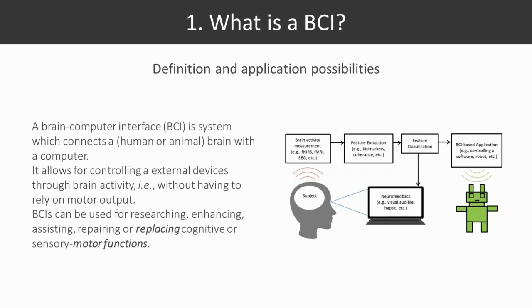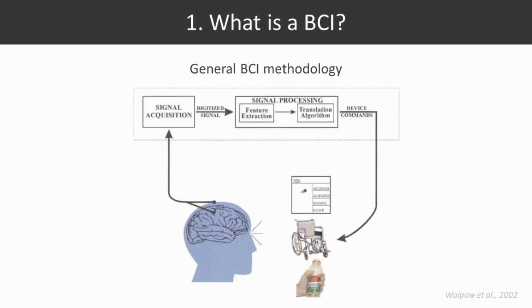BCI can also include a neurofeedback component, and that would allow a person to change actually his or her own brain activation into a desired direction. BCIs can be used for researching, enhancing, assisting, repairing or replacing cognitive or sensory motor functions, and in this webinar we particularly focus on replacing motor functions.